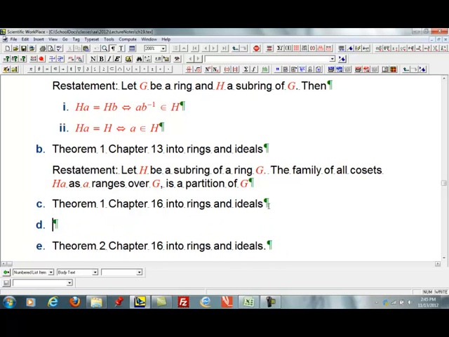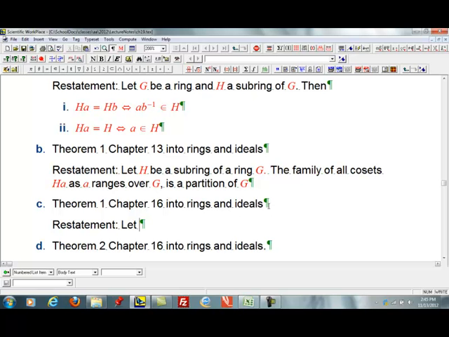Now let's look at theorem 1, chapter 16. Okay, in this case, what is G, first of all?